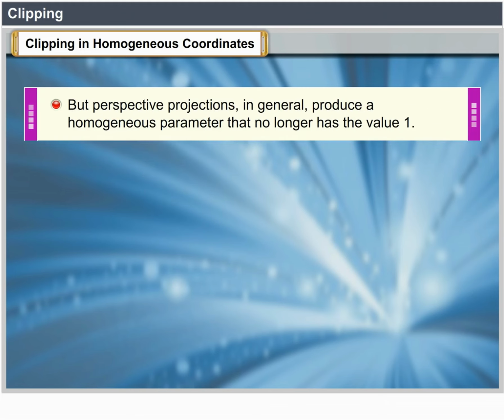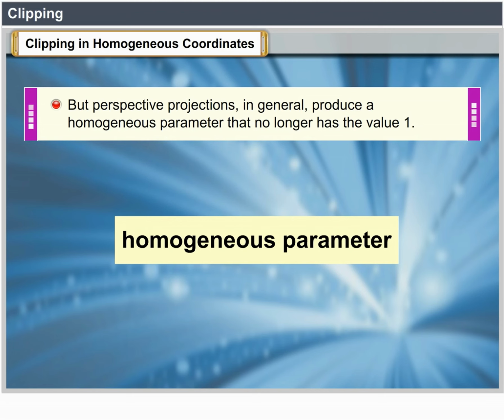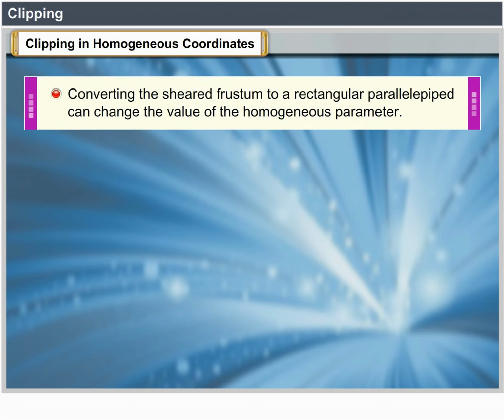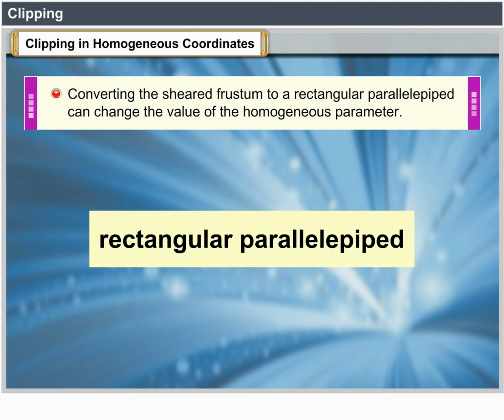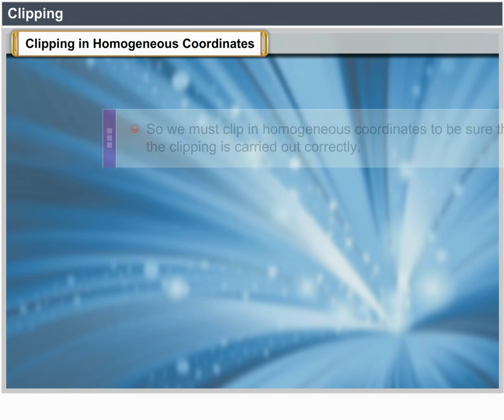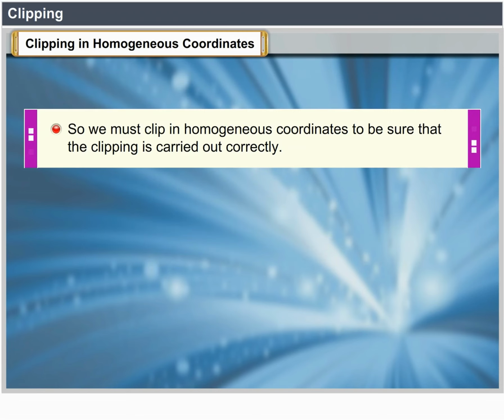But perspective projections in general produce a homogeneous parameter that no longer has the value 1. Converting the sheared frustum to a rectangular parallelepiped can change the value of the homogeneous parameter. So we must clip in homogeneous coordinates to be sure that the clipping is carried out correctly.